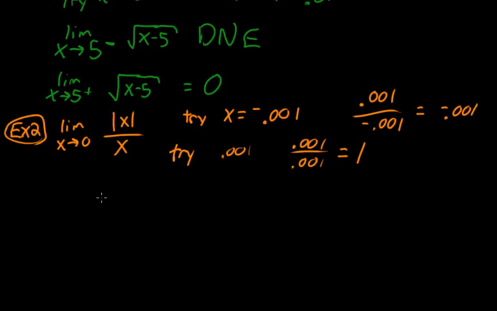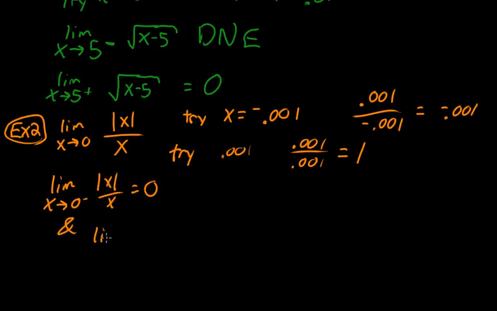So we have two different limits here. Whenever x is approaching 0 from the left, which is when it's close to 0 but slightly negative, we get negative 1 as our limit, and whenever it approaches from the right, we get 1. So the limit as x approaches 0 from the left of the absolute value of x over x equals negative 1.